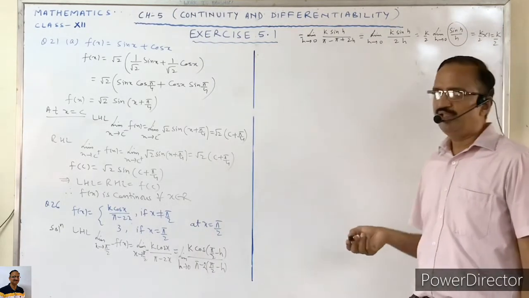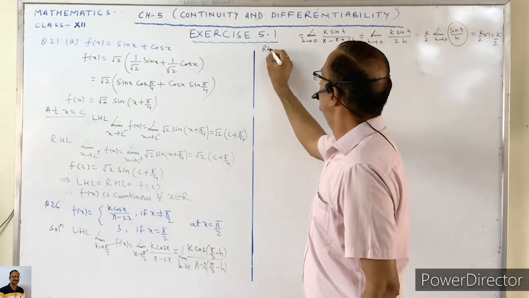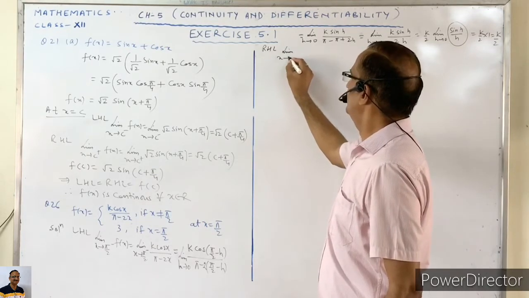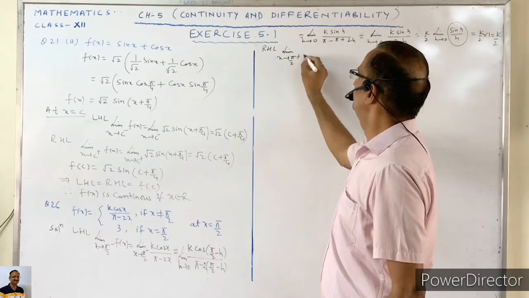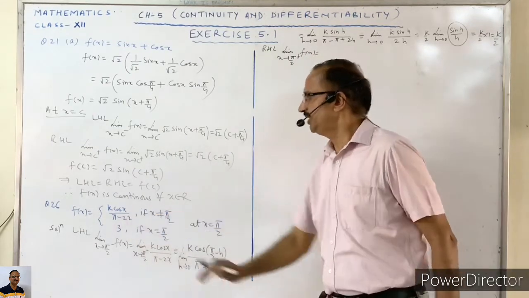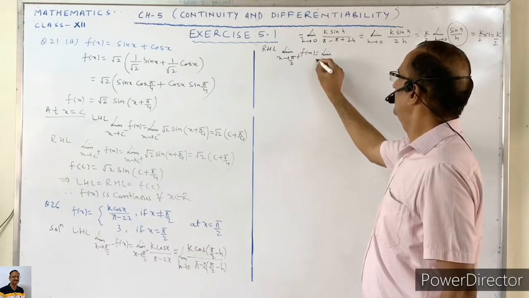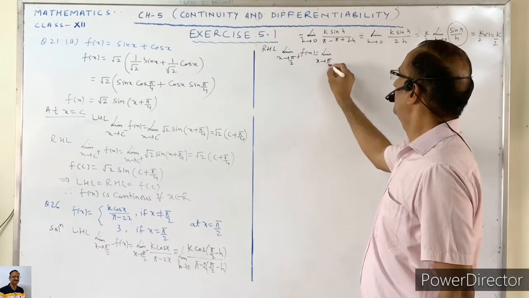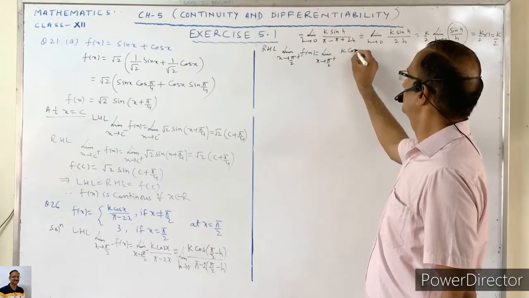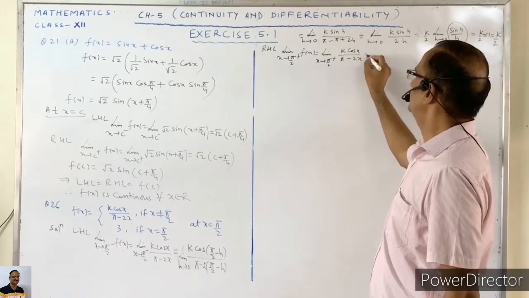In the same way, when we find the right hand limit, then we will get limit x tends to pi by 2 plus f(x), and the function will be same. So we can write limit x tends to pi by 2 plus, this is k cos x, and it is pi minus 2x.